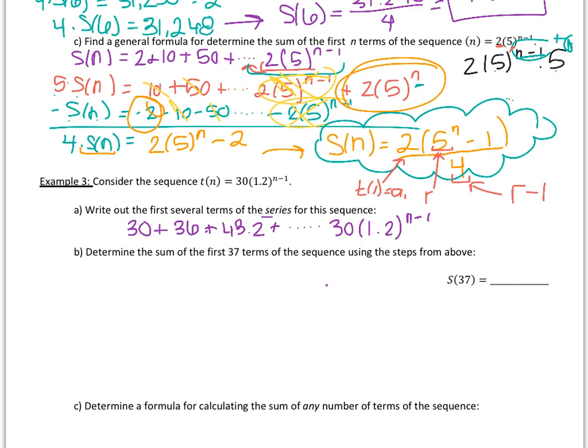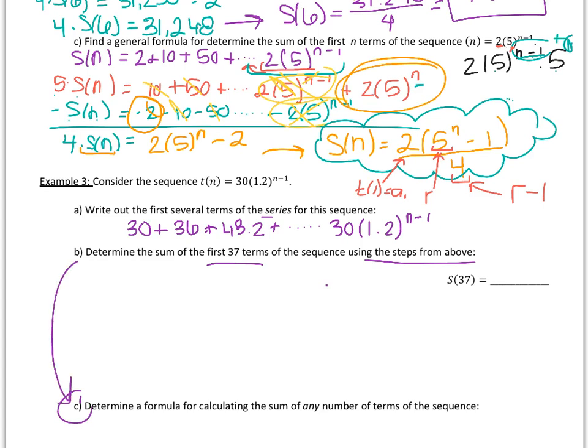So what we're going to do now is find the sum of the first 37 terms using the steps from above. Actually, I created this worksheet a while ago, and I'm going to change things up. I don't want to use the steps from above. We're actually going to rely on a formula. So the first thing we're going to do is go down to C and do this one first.